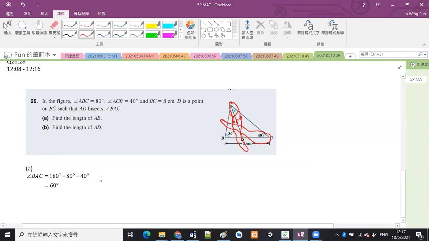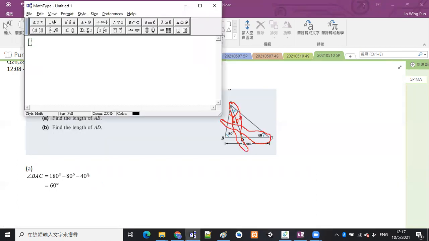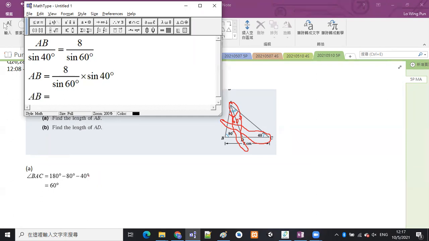And then we can set up the sine formula to find the length of AB. So AB divided by sine 40 degrees is equal to 8 cm divided by sine 60 degrees. Okay, and then AB is just calculated by this line, using the calculator.